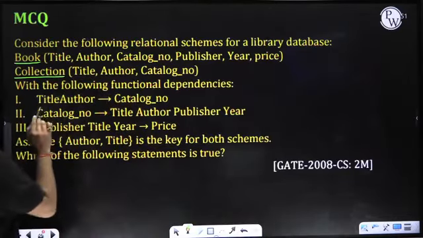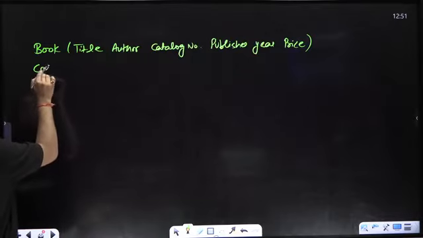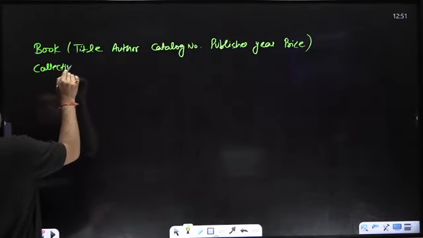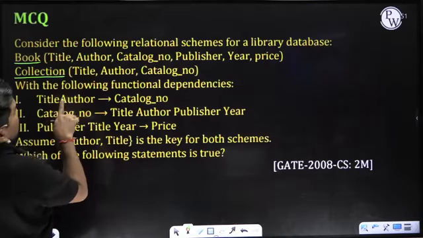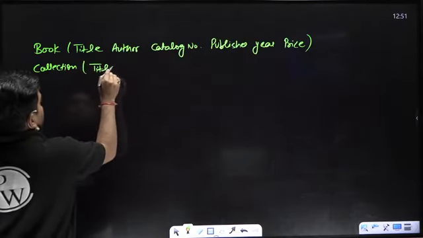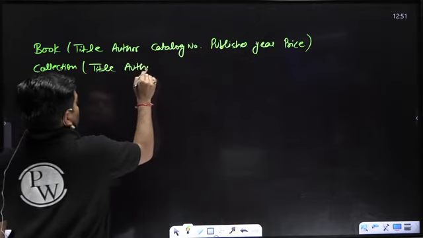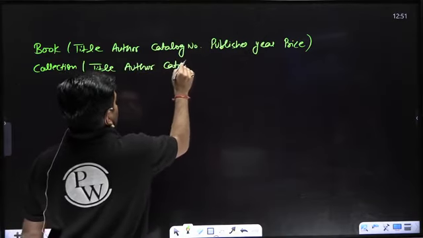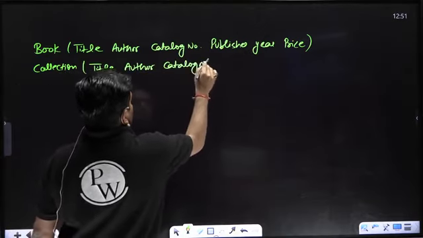Second one is collection. Collection having title, author, and catalog number. Clear?